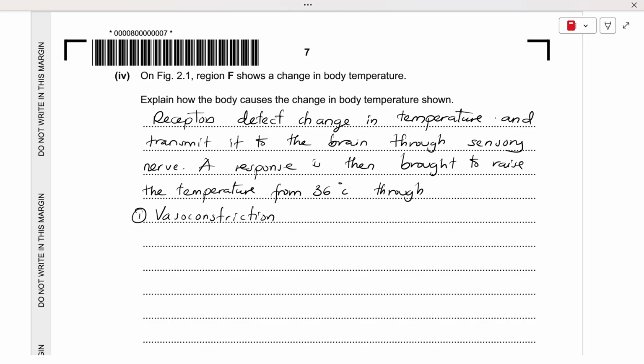So with vasoconstriction, less amount of blood flows to skin surface and less amount of heat is lost.